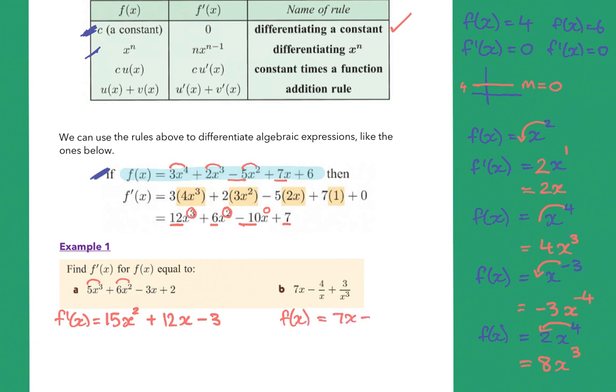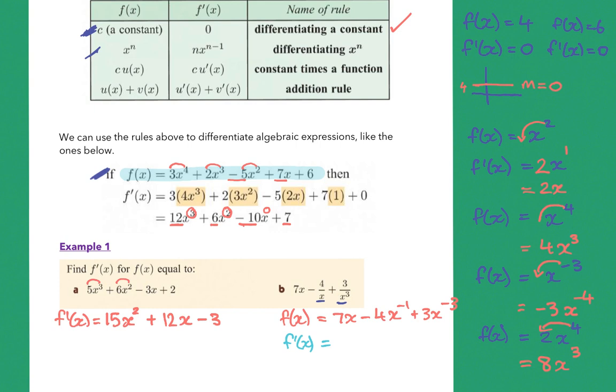Now this one's a little bit different because we need to remember our indice laws when we've got an x and an x cubed on the bottom of a fraction. So x to the power of negative 1 and x to the power of negative 3. Always put things in index form.